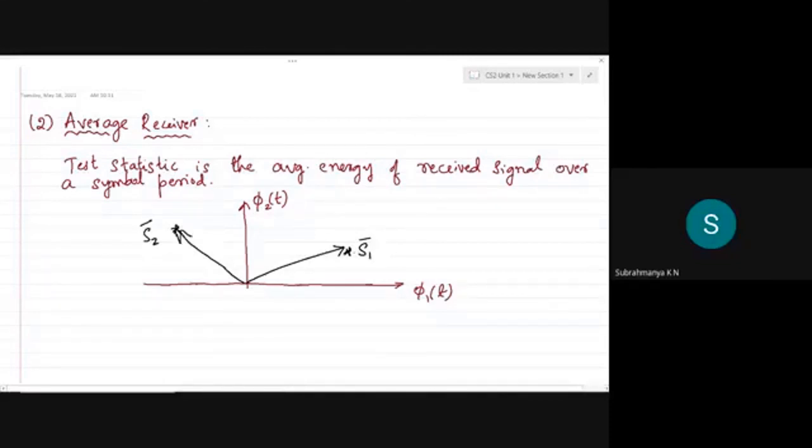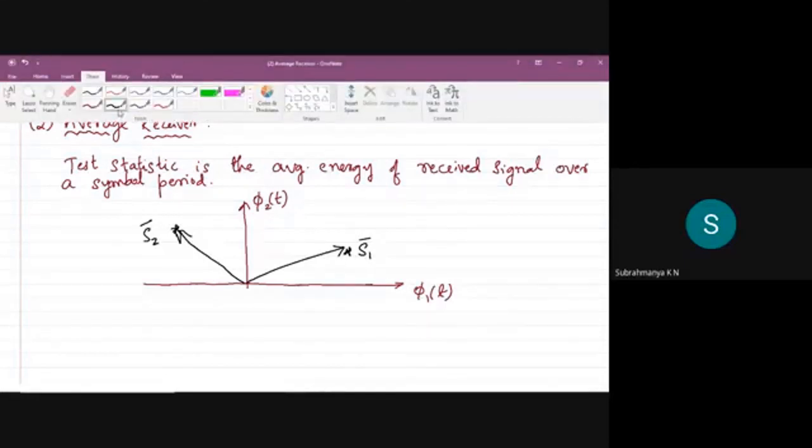Now, as these symbols get transmitted over the channel, the channel corrupts the transmitted signal. The sample the receiver takes, the average energy of the received signal over a single period, may not point towards the same vector.